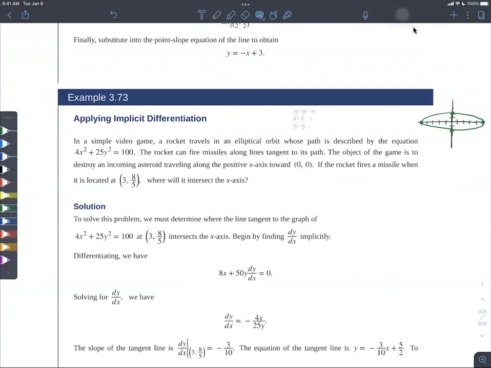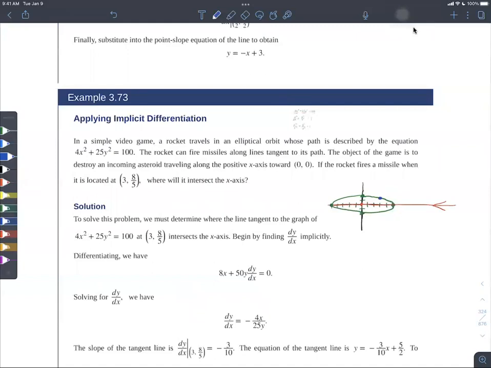Okay, so we are told that, let's take a look here. And let me move this graph over just a little bit here so we can draw on it. There is an asteroid traveling along the positive x-axis, so somewhere over here toward the point 0, 0, which is the origin. If the rocket fires a missile when it is located at the point 3, 8/5, so 1, 2, 3, 8/5, the rocket I will draw in blue.